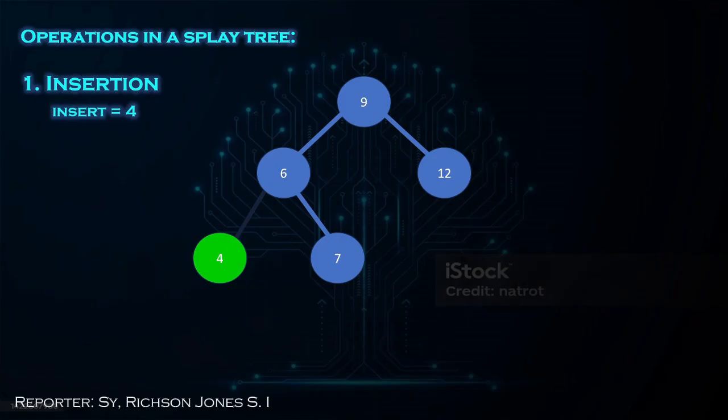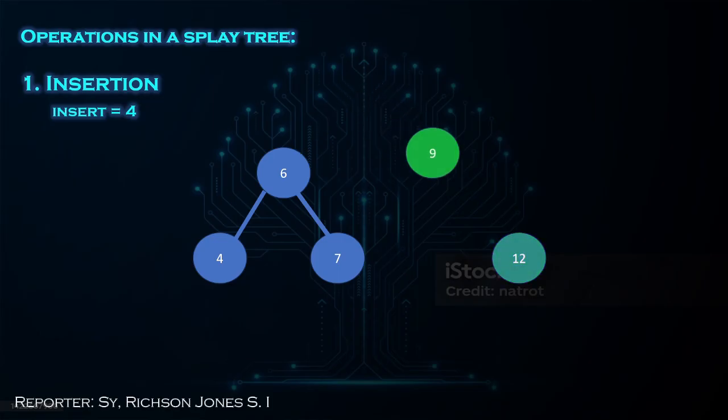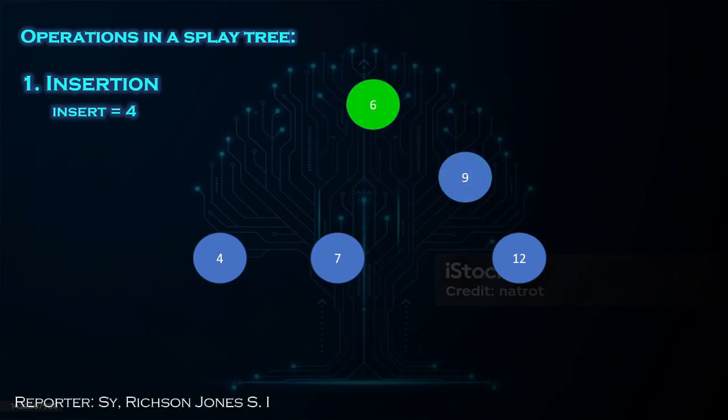Since we inserted the node 4, we will do a rotation because we want 4 to be the root. So let's start by moving 12, then node 9, then node 6, and then node 4.